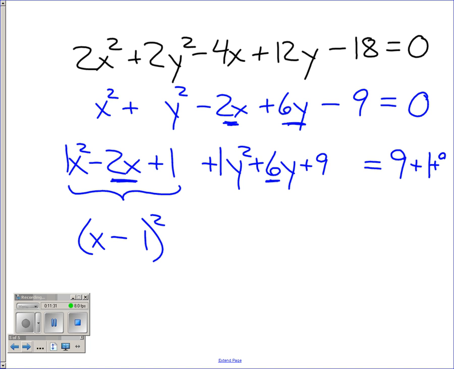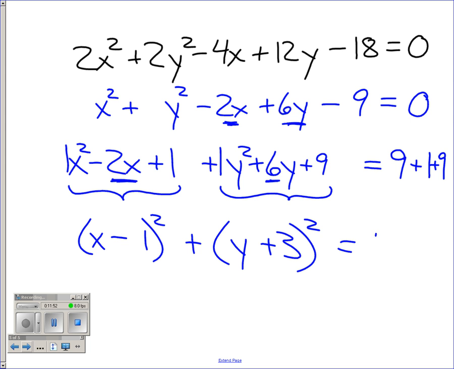And then I'll put a plus 9 over here. Again, after we do this, these 3 terms, we're forcing it to be a perfect square trinomial, so we can write it as that binomial squared. This is going to be plus y plus 3 squared, and that's equal to 19.